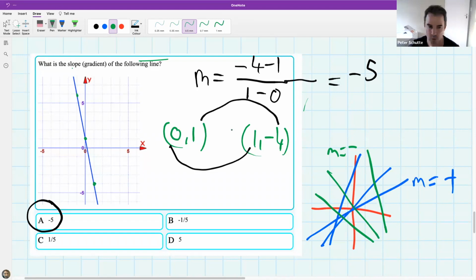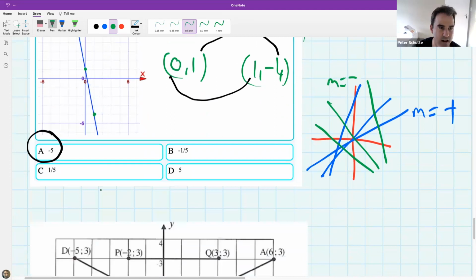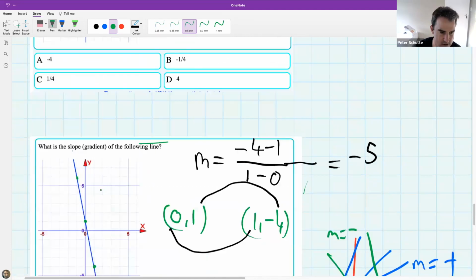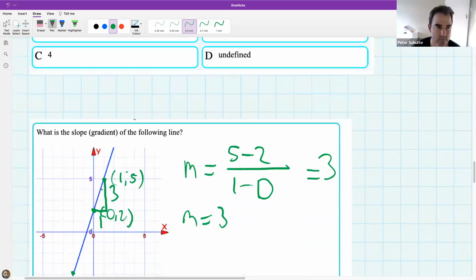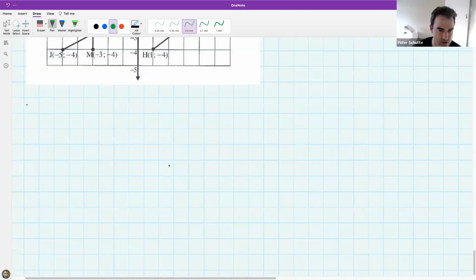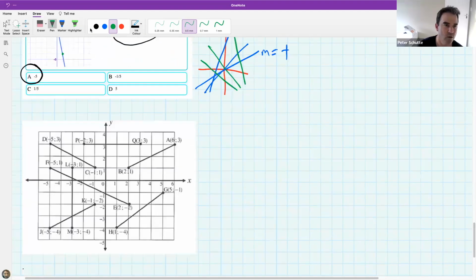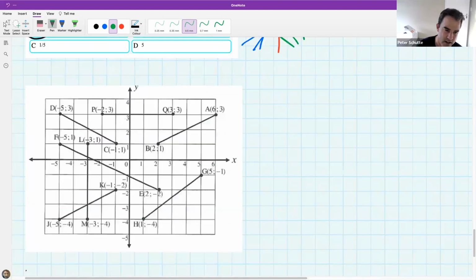Let's do one more of these. I want you to find me the gradient of that line over there, the green one.